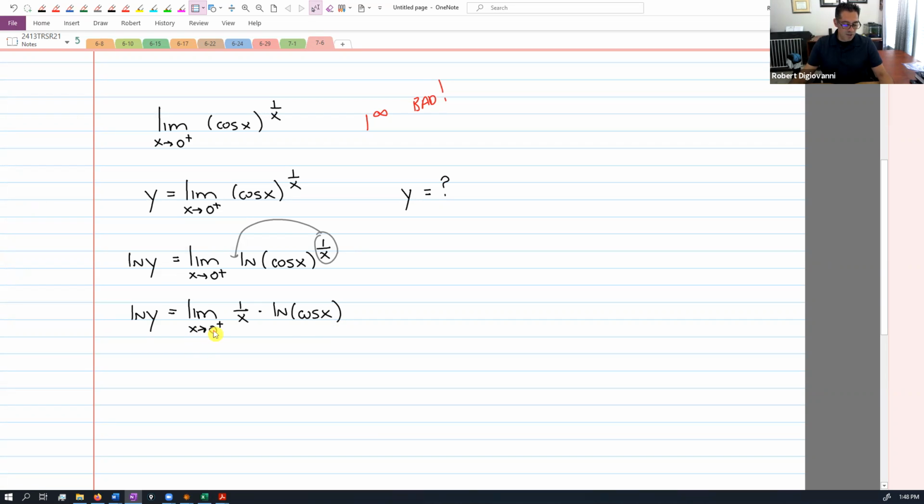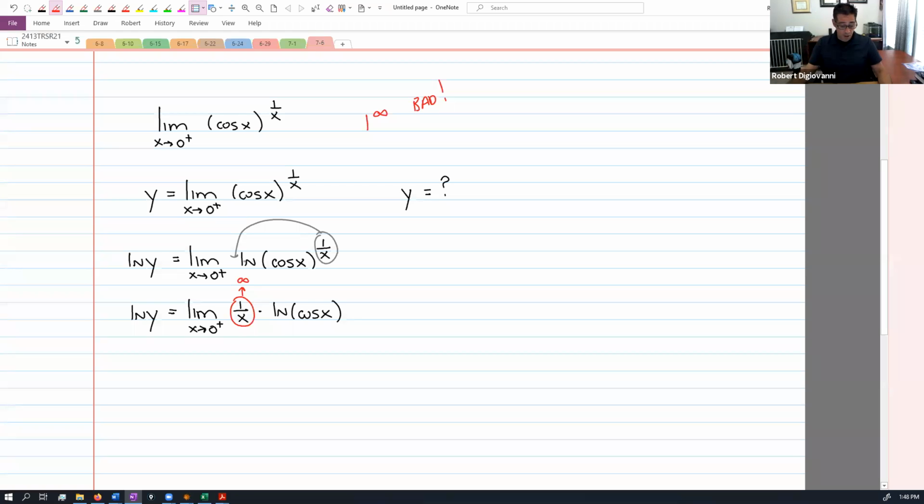As x goes to 0, 1 over 0 heads where? 1 is fixed, right? The bottom gets smaller. 1 over a small number gets bigger. Yeah, infinity. This goes to infinity.